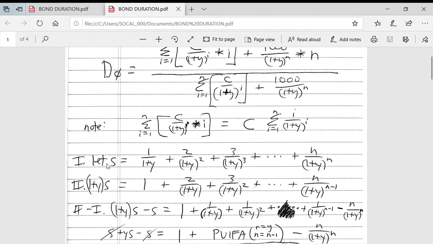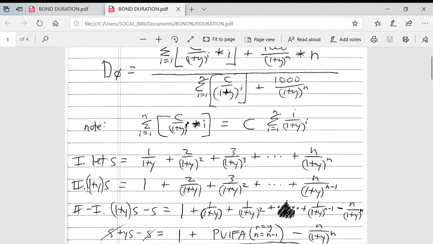Now, the trick here in defining the sum to make it something that we can actually put in a formula in a cell in an Excel spreadsheet, and we can't deal with these dots. And so we create a second equation. Roman numeral 2, multiply both sides by a factor. Again, the factor is 1 plus y.